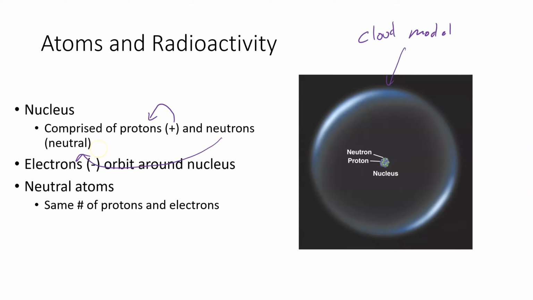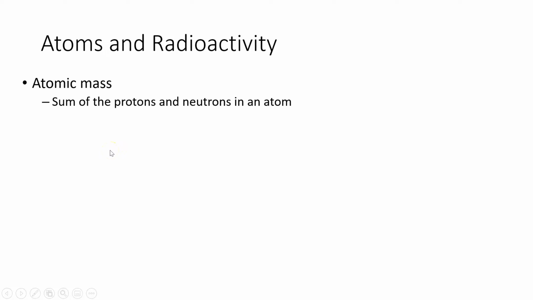Now, atoms and radioactivity, and this is leading us a little bit closer to our nuclear power topic, but we have to understand the concept of isotopes first. First of all, the mass of an atom, which by the way is exceptionally small, and we use units called atomic mass units.